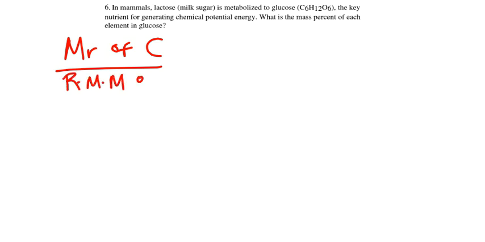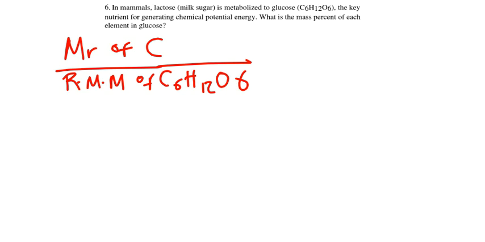Let's continue. So here we're trying to determine the mass percent of each element in glucose. You find the mass percent by looking at the molar mass of any element. The first element we're going to look at is carbon. The molar mass of carbon over the total molar mass, which we are going to call the relative molecular mass of glucose itself, C6H12O6.